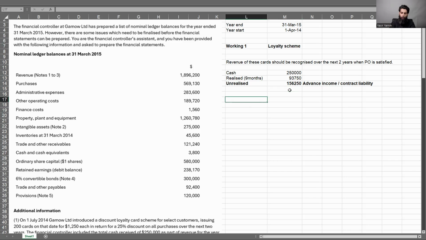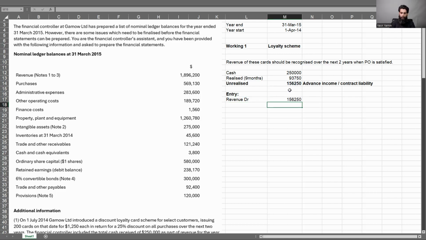And if I were to ask you what would be the accounting entry to reverse this revenue, remember, in your examinations, you are not required to prepare accounting entries. However, I prefer that my students often prepare accounting entries so that their concepts are rock solid. So I need to reverse some amount of revenue. So revenue should be debited by 156,250.